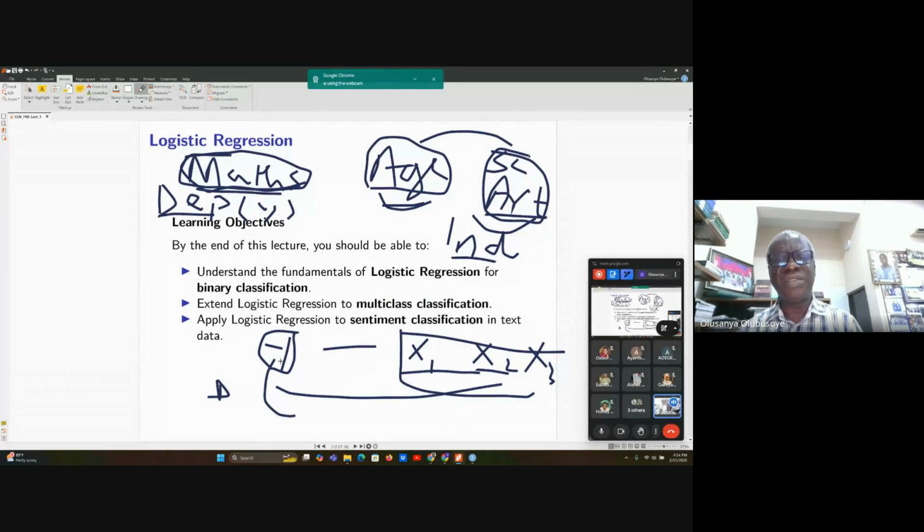There are two ways, basically, that the y can be measured. If the y is measured on a continuous scale, we say it is continuous.